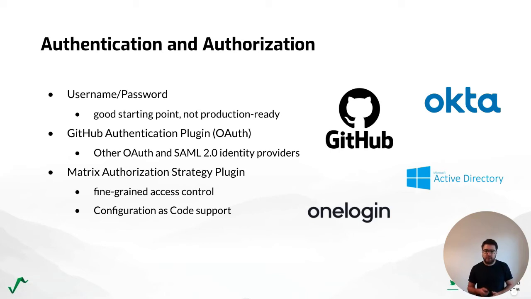I would recommend looking at the GitHub Authentication plugin, which is based on OAuth. We can maintain everything in a single place, including configuration as code, pipelines as code, as well as authentication configuration. And also some other OAuth 2.0 identity providers are also supported if you want to.